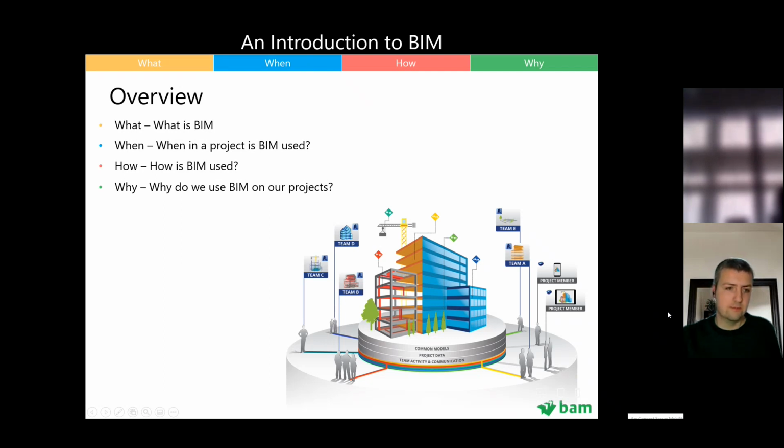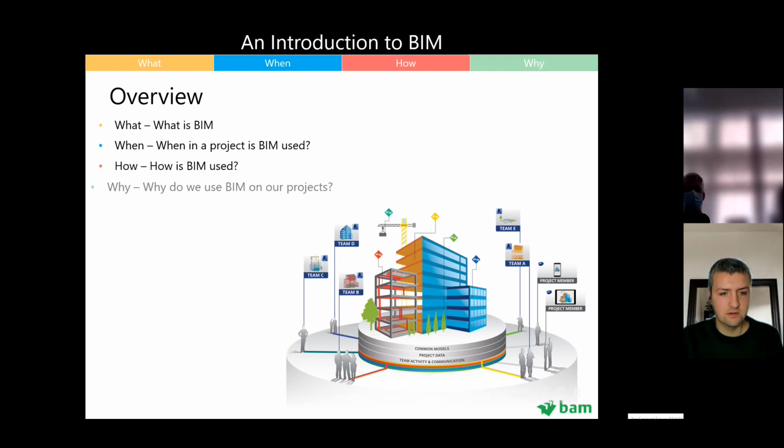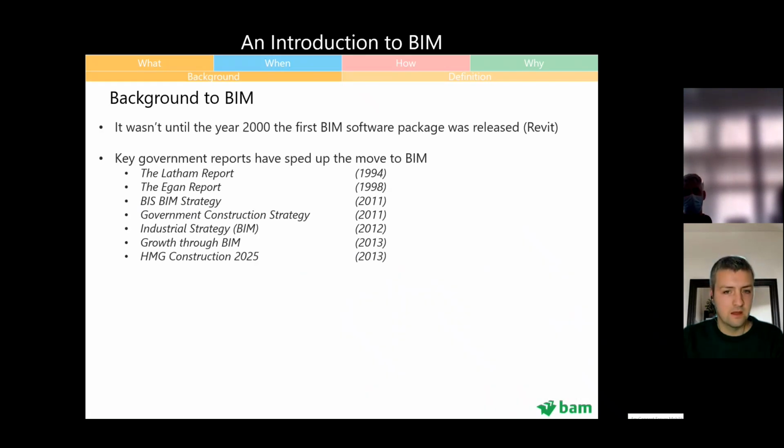It's just to provide an overview of what BIM is, when in a project it's used, how and why. And this is very high level, very basic. It's just to provide you with a wee bit of an understanding of generally what it's about. So the background to BIM: it wasn't until the year 2000 that the first BIM software package was released.